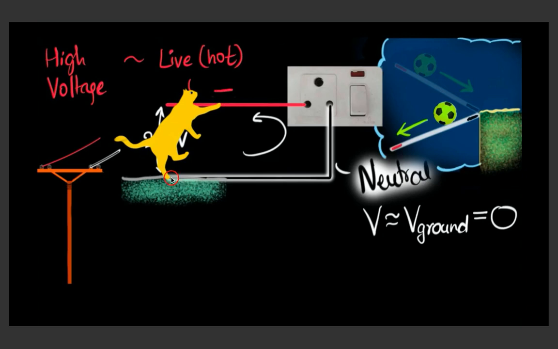And so that means that electricity is going to flow through the cat if there's an electric potential difference across this cat. And so our cat is going to get a shock. Okay, that's the cat getting shocked. So definitely touching this live hot wire is the more dangerous one to touch. You shouldn't touch either of them, but this live hot wire has a voltage that's very different from that of the ground. So if you touch it, you'll get a nasty shock.